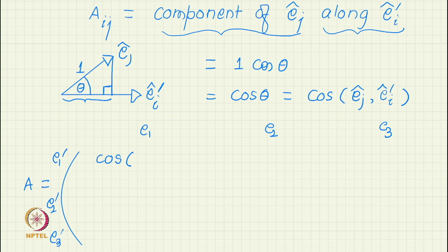So, the first term A11 is nothing but the cosine of E1 and E1 prime.